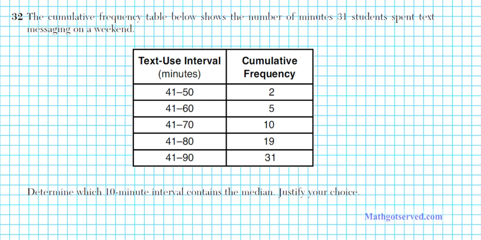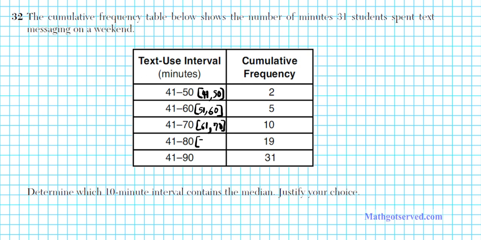For 41 to 50, that's fine. That's where it stops. From 41 to 60, we already have 41 to 50. So if we take 41 to 50 from here, we're going to have 51 all the way to 60. And then if we take 51 to 60 and 41 to 50 from 41 to 70, we're left with 61 to 70. You see the pattern?